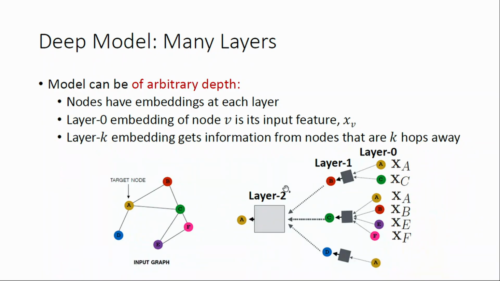Well, this is a bad example. I should say node E and A. E is not immediately connected to A. However, after two steps of aggregation, the information from E is propagated to A through this stack of graph neural network layers. So the more layers you stack, the more k-hops of information a node can access.